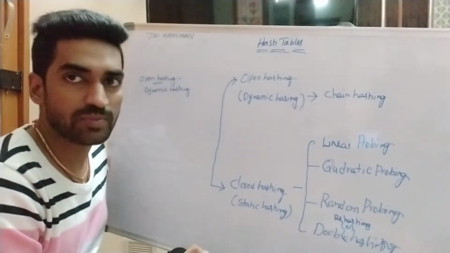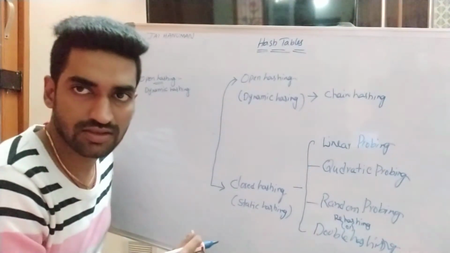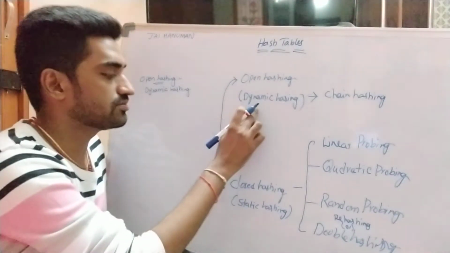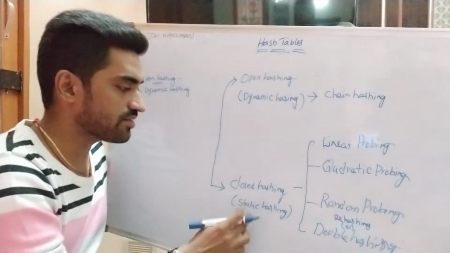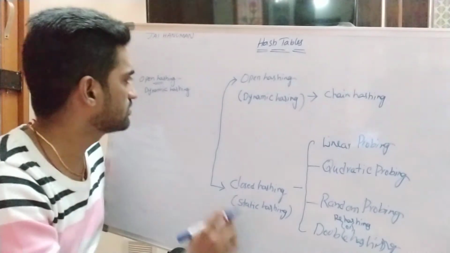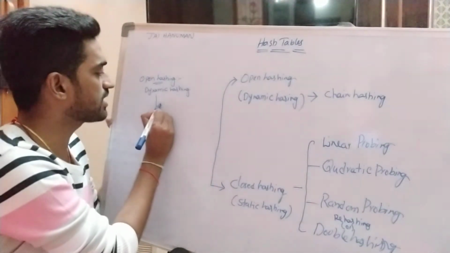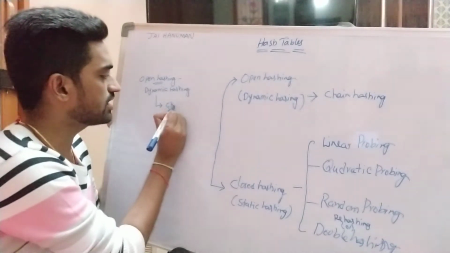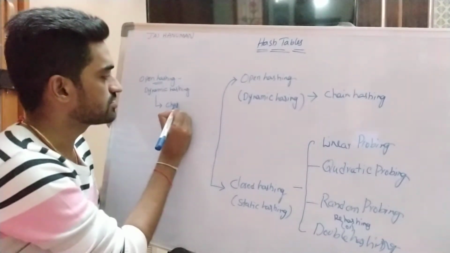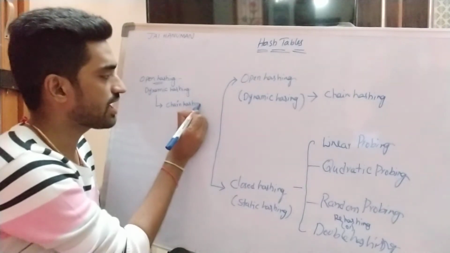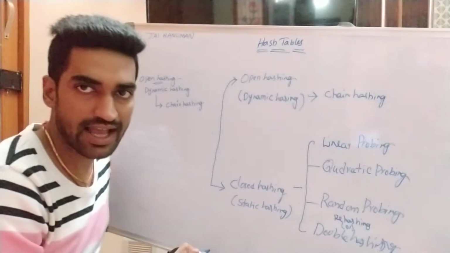At the time of performing a hashing operation, when a collision occurs, we use these two types of mechanisms. We are discussing the open hashing mechanism. To implement it, we use one technique, called chain hashing.